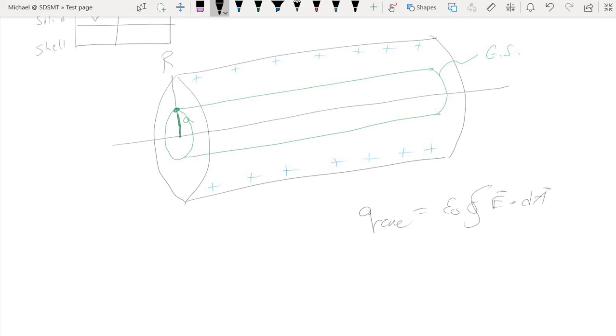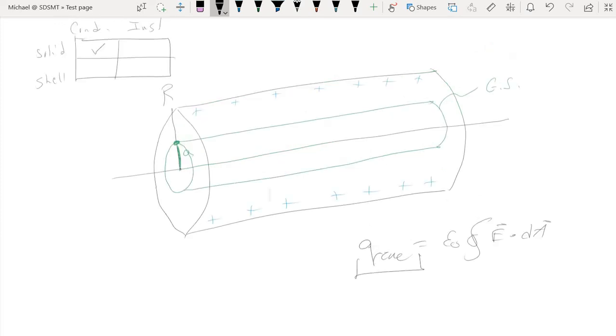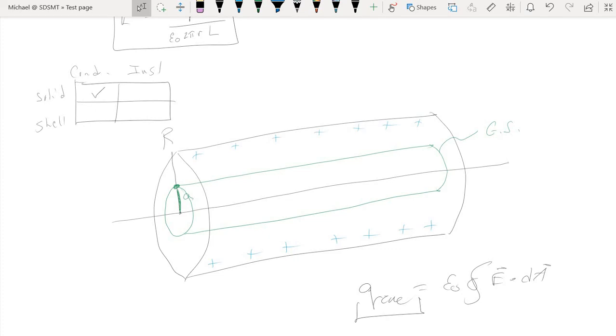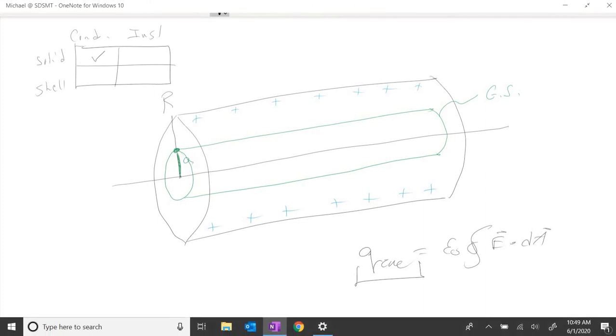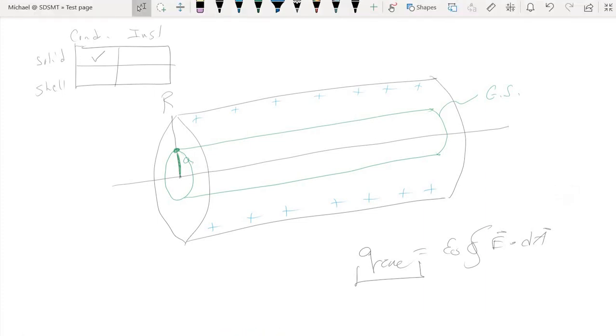But right away we should be focusing in on this aspect because there is no charge inside of that Gaussian surface. All of the charge is at the surface of the physical cylinder. And because there's nothing to enclose, the electric field inside of our solid conducting cylinder is 0.